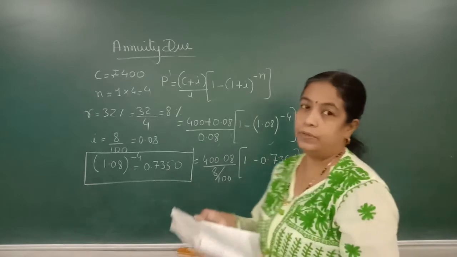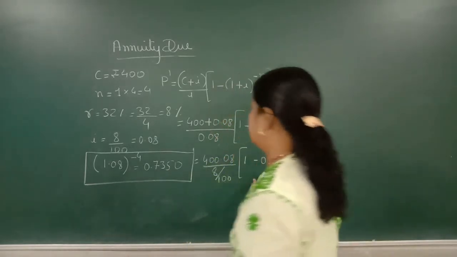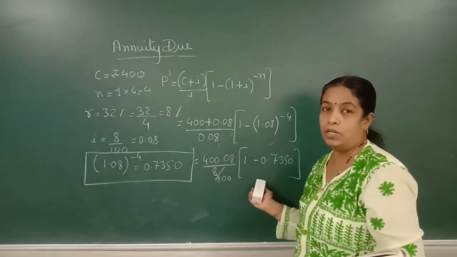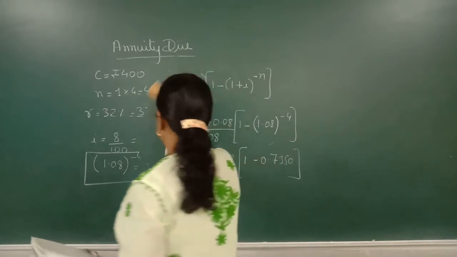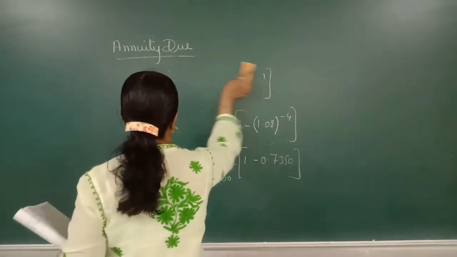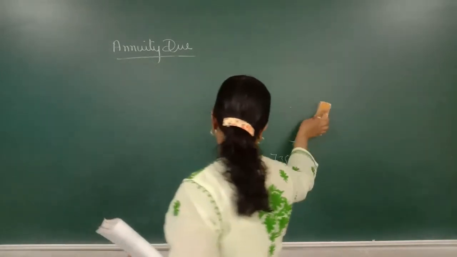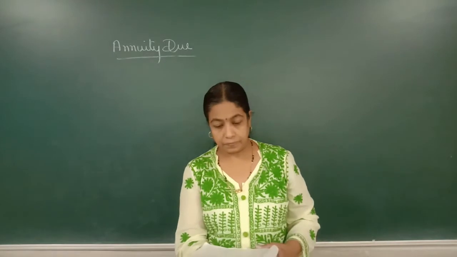Solve it, you will get the answer. Okay, I am leaving this as it is because maximum sums can be covered in one lecture. Now, next sum we will see.